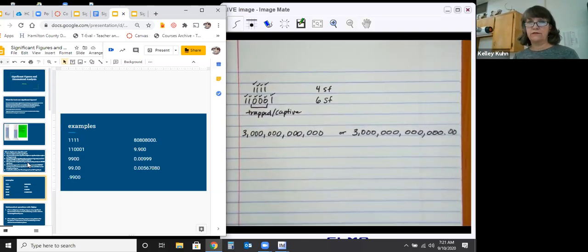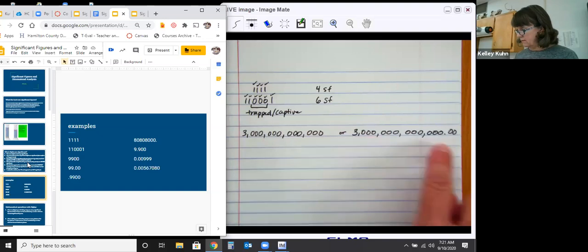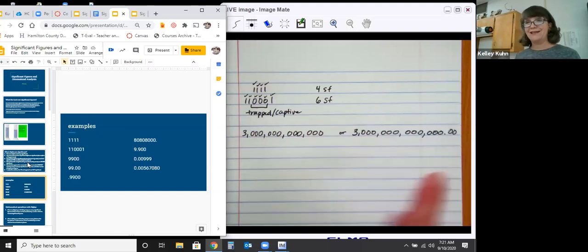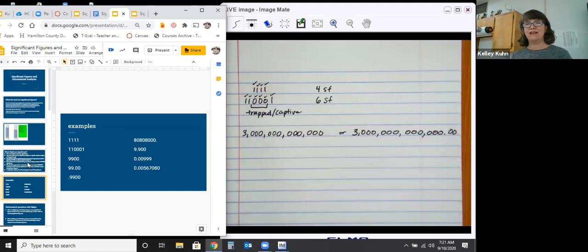So what's the difference? How are these different numbers? Well, they're both 3 trillion, right? But in this one, I added a decimal and 2 zeros. We're talking about the stimulus, so this is money. Which one of these do you think is the amount that our government spent? This number implies they spent $3 trillion exactly, down to the penny.